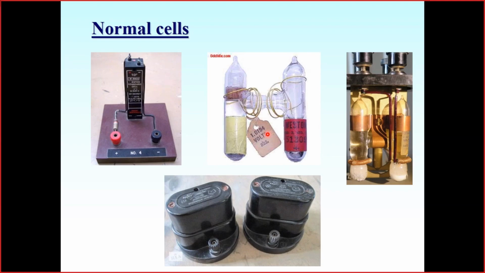Very often we use mercury as one of the elements. You may use copper and zinc. We may use other elements, but every normal element provides a very accurate voltage but is absolutely unsuited for current.